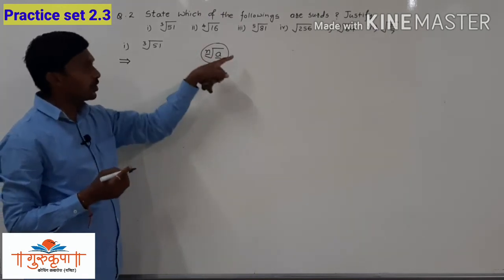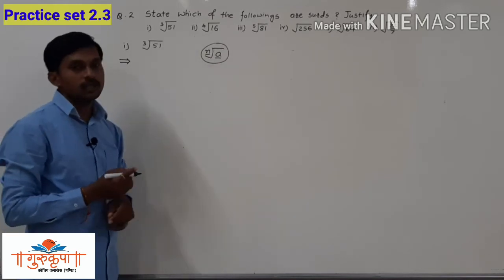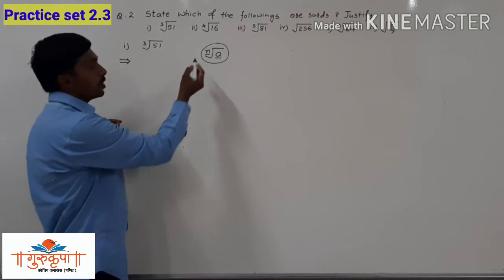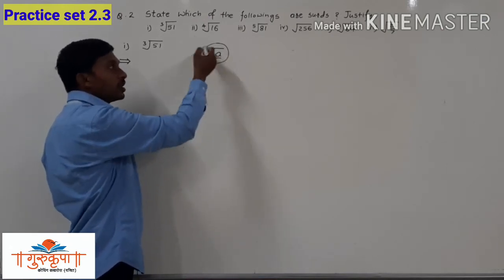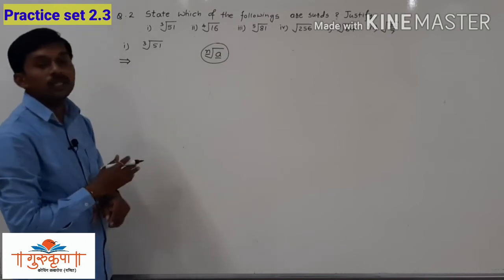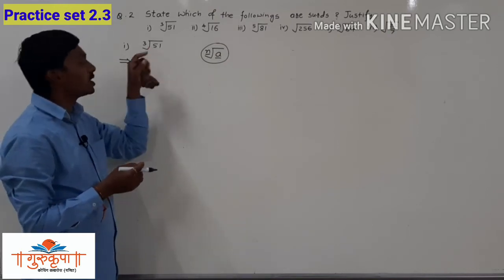If it is rational, then it is not a surd, and if it is irrational, then it is a surd. So the three important things are order, radicand, and that the given number altogether should be irrational. Then we can say that it is a surd.